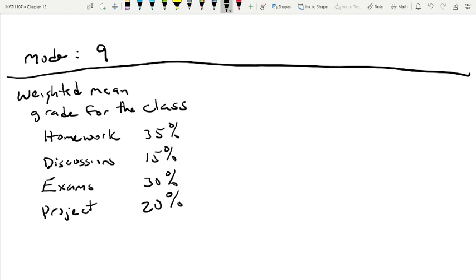Right? So let's say that for a given student, their average in terms of each of these categories. So for this student, they averaged a 92 on the homework. They did all the discussions, so they got 100 there. They had an 85 for the test, and then a 90 on the project. So we want to be able to calculate what their final grade for the class is going to be.